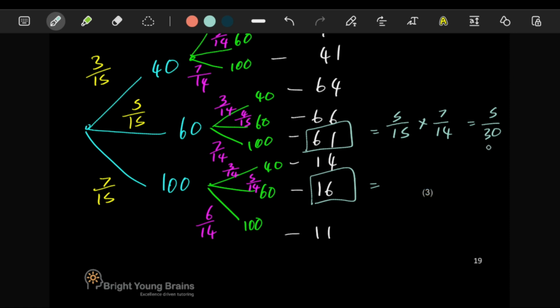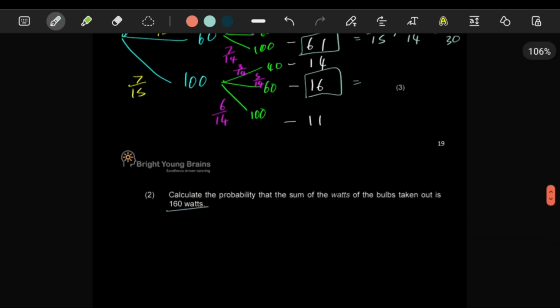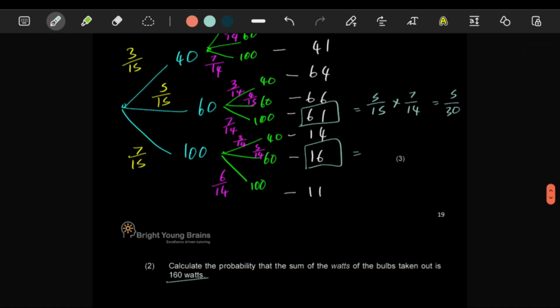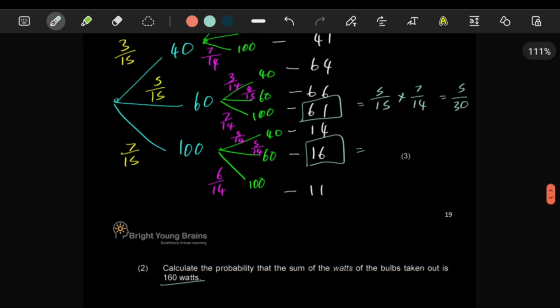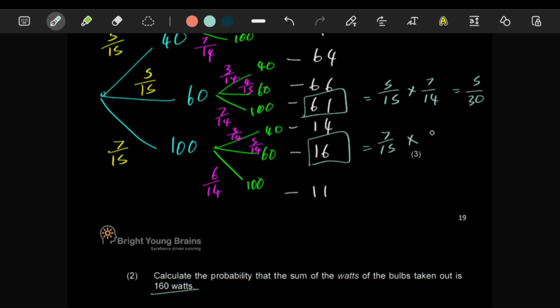In its simplest form, I think it's going to be 1 over 6, if I'm not mistaken. So that's for this one. The other one is just going to be 7 over 15 times 5 over 14. And then what is it going to give you in the calculator?